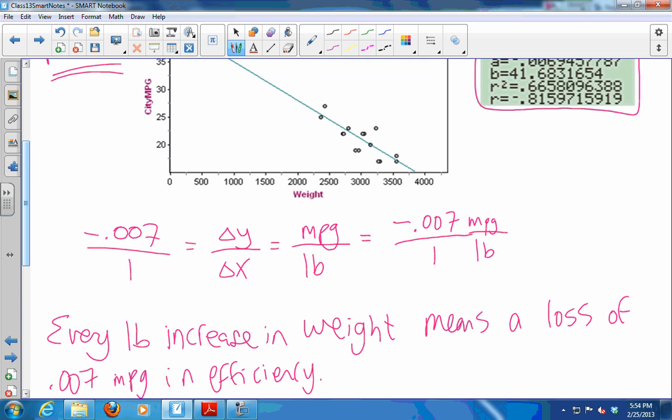So every pound increase in weight means a loss of 0.007 miles per gallon in efficiency.